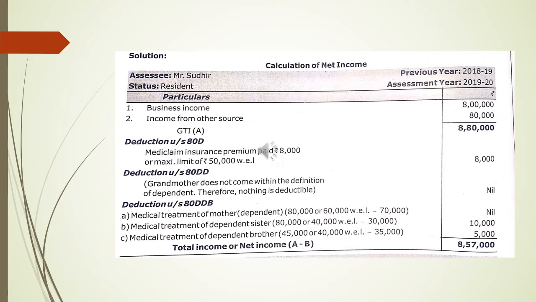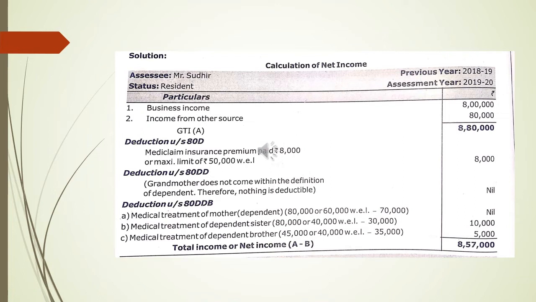Out of this, the third point is medical insurance premium paid to GIC, General Insurance Company, on the life of his dependent father. His age is 87 years and 8,000 is the insurance premium. Medical insurance premium comes under 80D. So medical insurance premium 8,000.